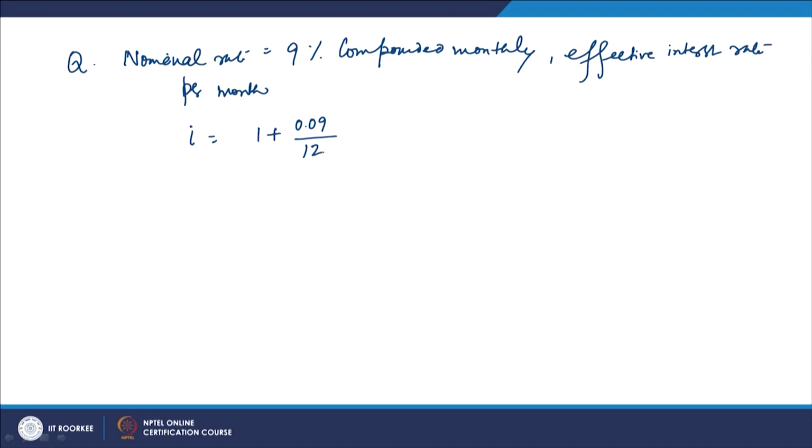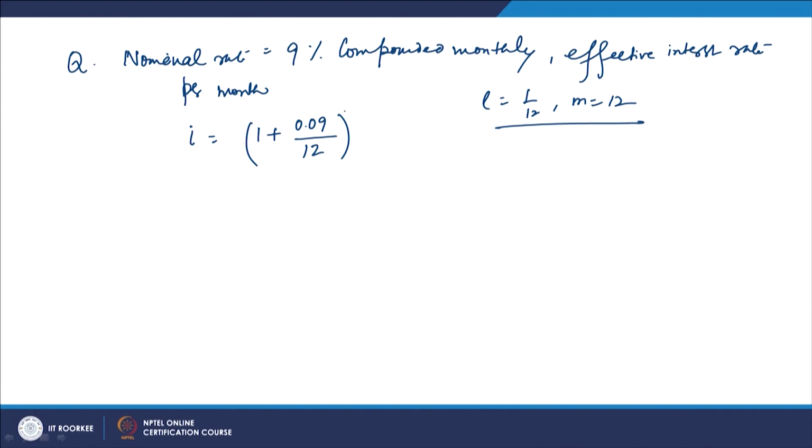Then L into M. L is your time, that is 1 by 12, because you have to find the effective interest rate per month. So, L is 1 by 12 and M is 12, and your L into M becomes 1.